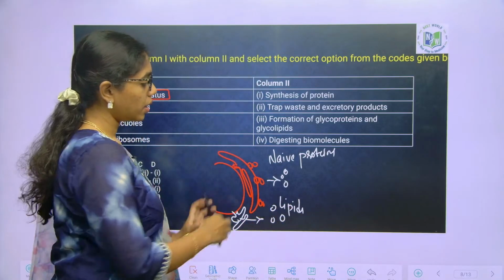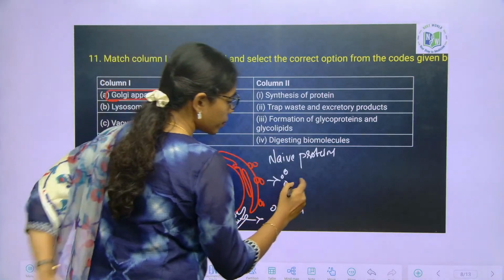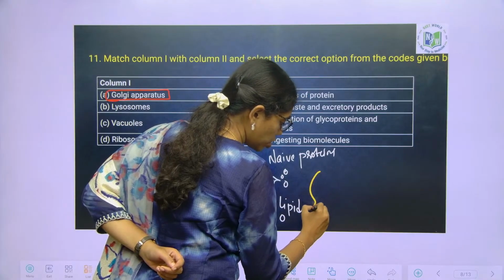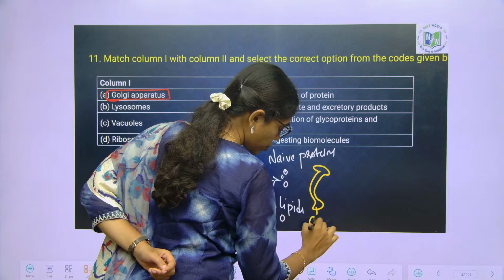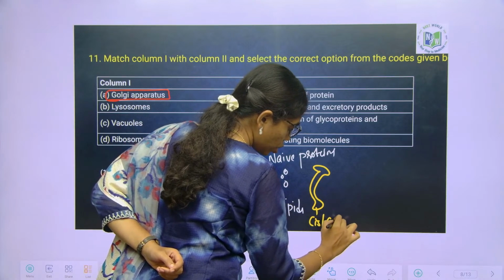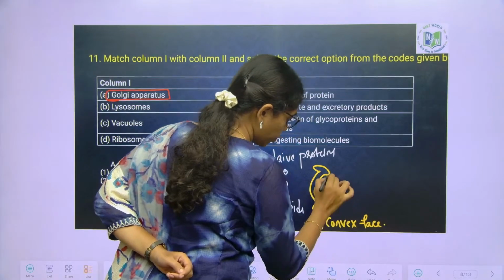These are taken from the cis face of Golgi bodies, which is the convex face. Okay, this is the cis face, also known as the convex face of Golgi bodies.